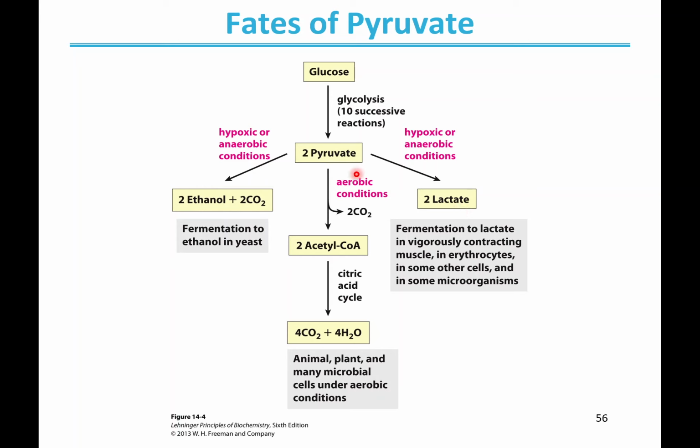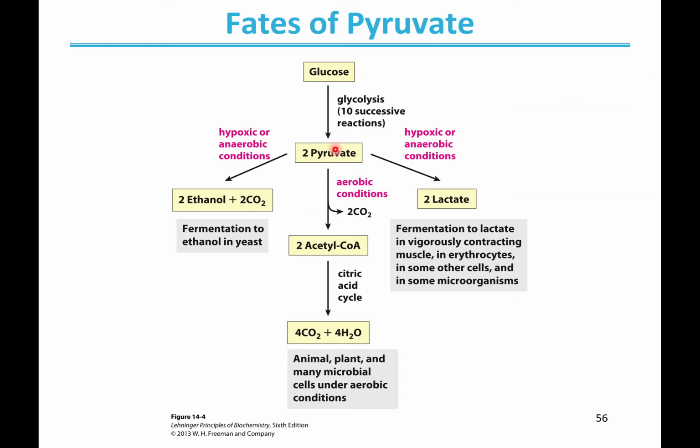Under aerobic conditions, pyruvate goes to form acetyl-CoA, and acetyl-CoA is then fed into the citric acid cycle. After the citric acid cycle, it becomes 4 molecules of carbon dioxide and 4 waters.